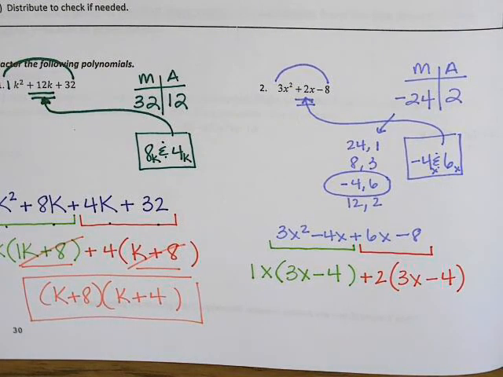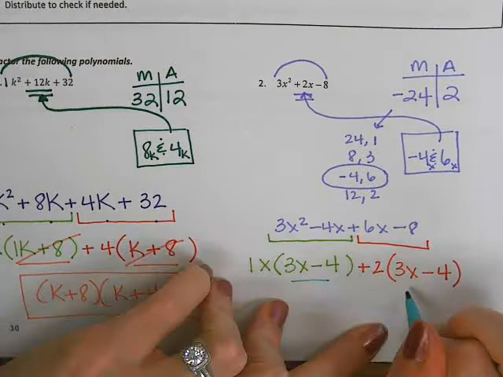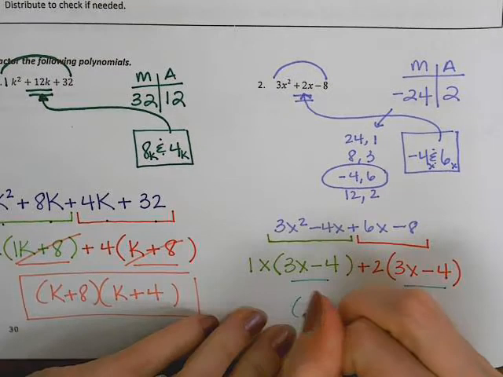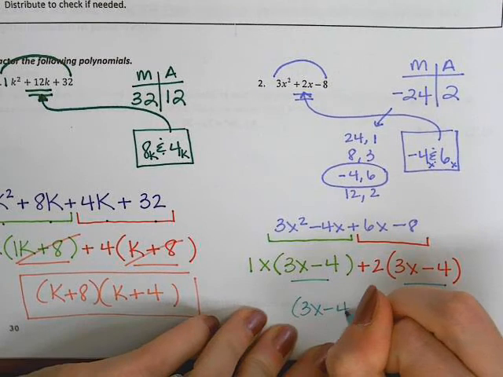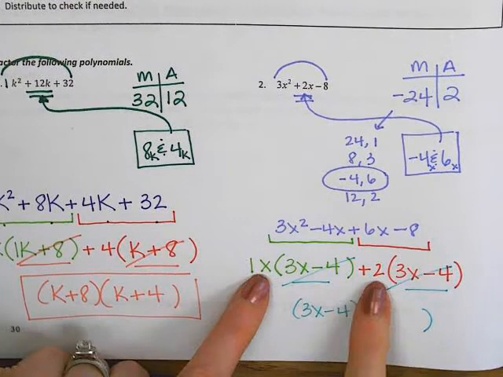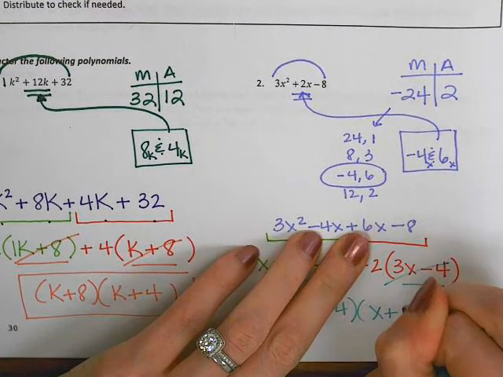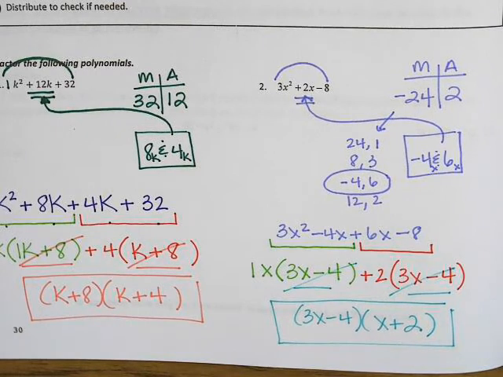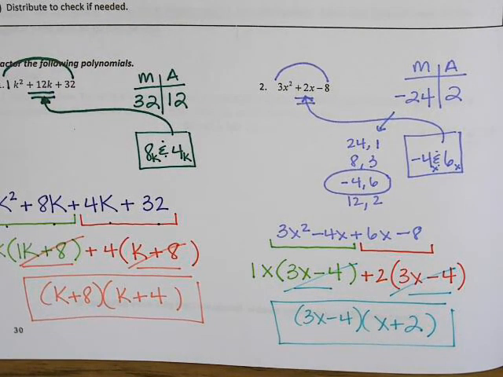Remember, if you did it right, see how they both have a 3x minus 4? We're going to take that out, and the second parenthesis is the leftovers, 1x plus 2. So that is how to factor if you do not like guess and check.